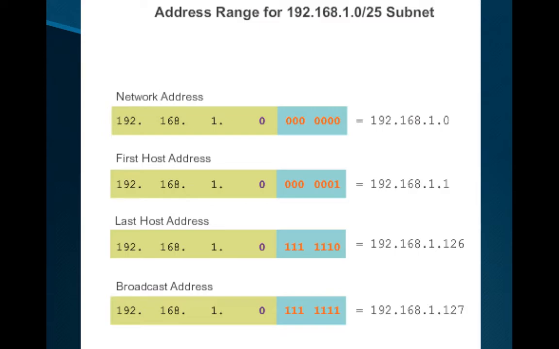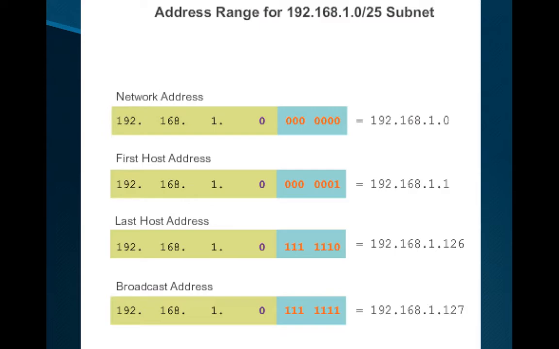The first host address is when all of the bits in the host portion of the address are 0 except for the last one. We can see that in the image. And the last host address will be when all of the bits in the host portion of the address are 1 except for the last one.